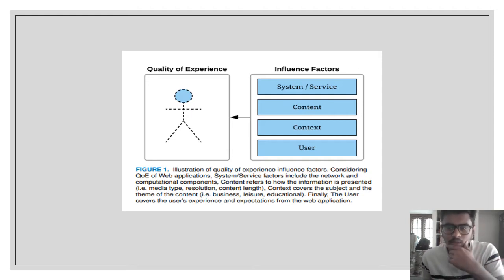Here the influence factors are system, service, content, context, and the user, and the quality of experience is the user's. So the computational components and the content refer to how the information is presented, that is, the media type, the resolution, or the content length. The context covers the subject and the theme of the content, that is, business, leisure, and educational. Finally, the user covers the user experience and the expectations from the web application. This is the idea of figure one.